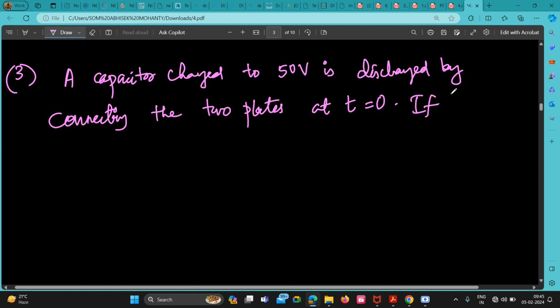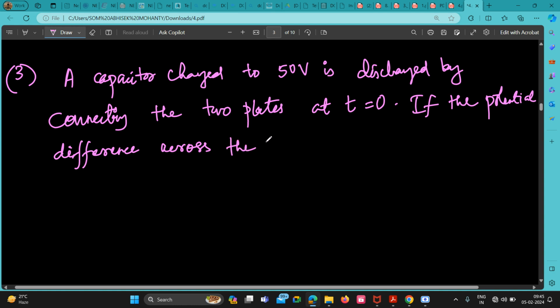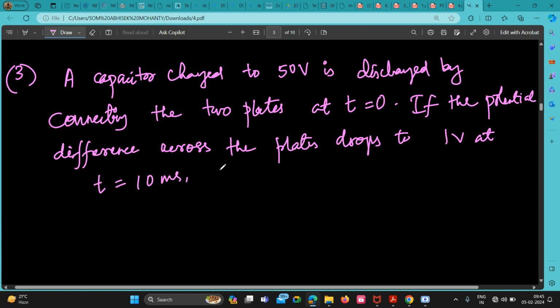If the potential difference across the plates drops to 1 volt at t is equal to 10 millisecond, what will be the potential difference at 20 millisecond?